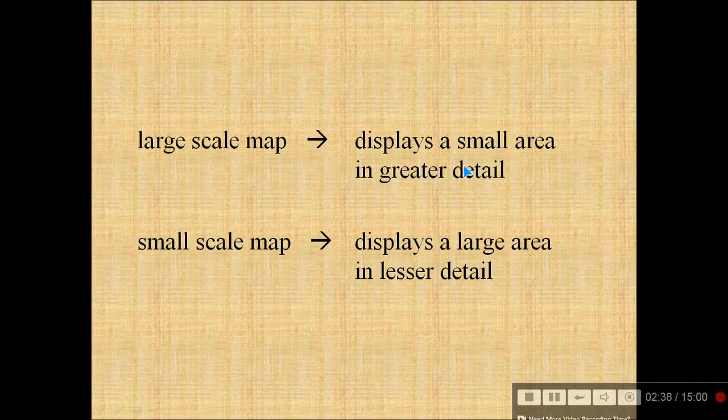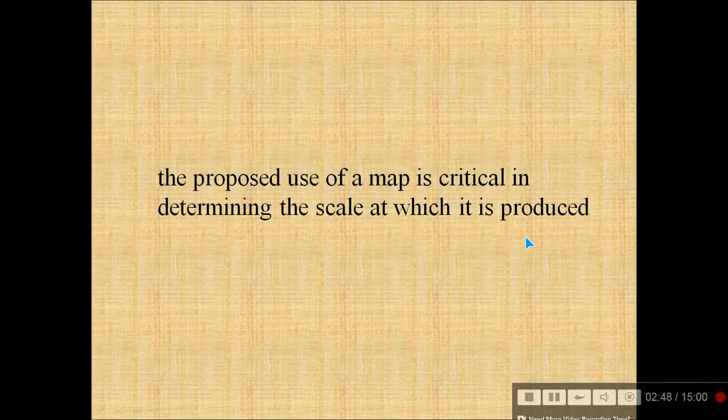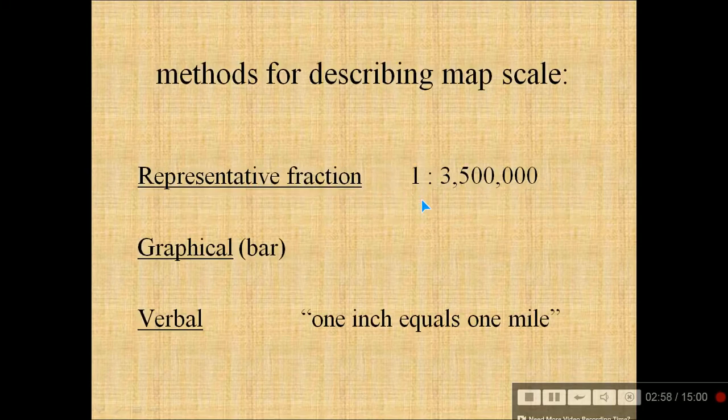A large scale map displays a smaller area in greater detail, but a small scale map displays a larger area in lesser detail. So the use of a map is critical in determining the scale at which it is produced, large scale or small scale depending upon the usage.